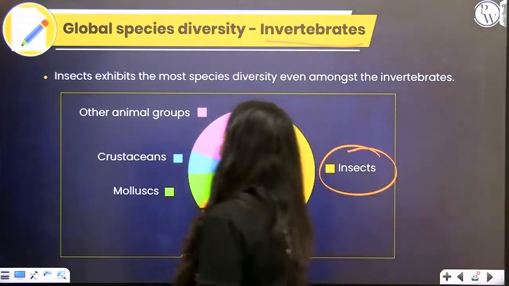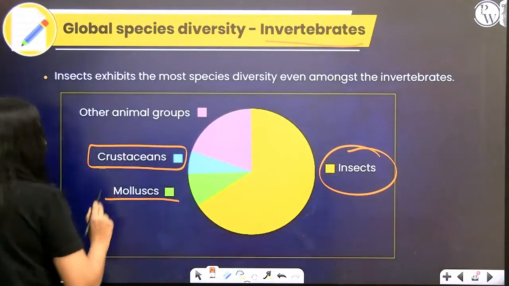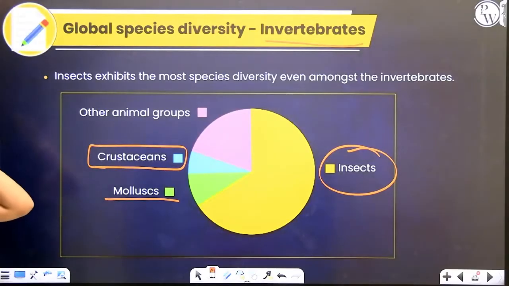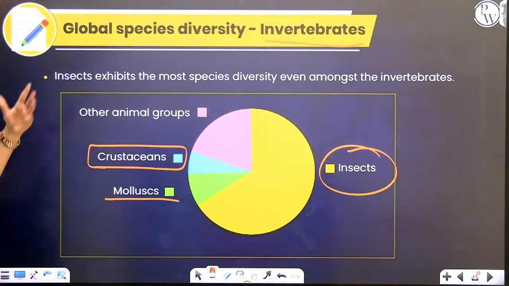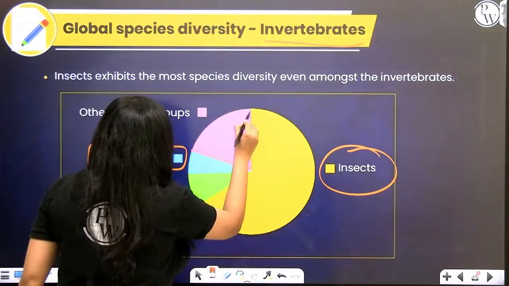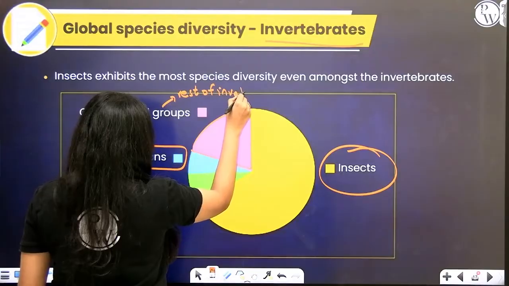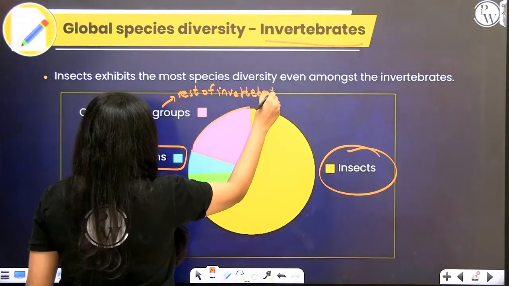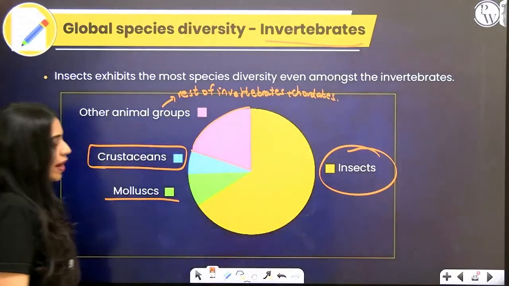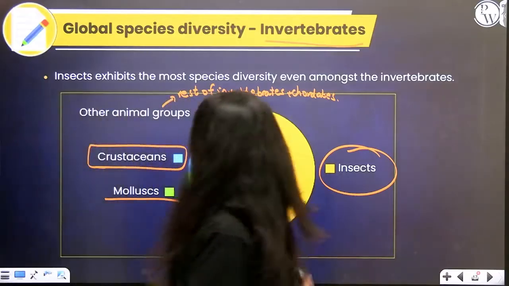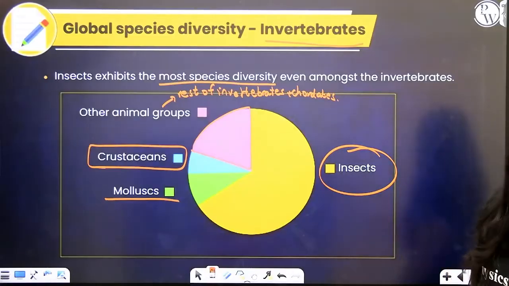Quickly following insects, you have mollusks. And then you have crustaceans. Crustaceans you mostly find in aquatic marine habitats. They are also arthropods. Insects are also arthropods. And then all of the other animal groups. Over here, you have the rest of invertebrates, plus all of the chordates. All right. So, over here you can see that insects are the most species diverse when it comes to invertebrates.